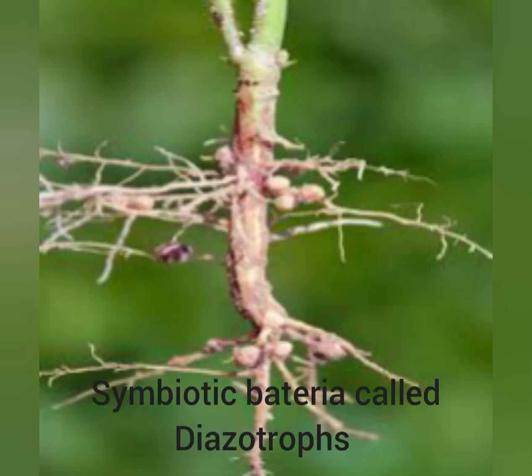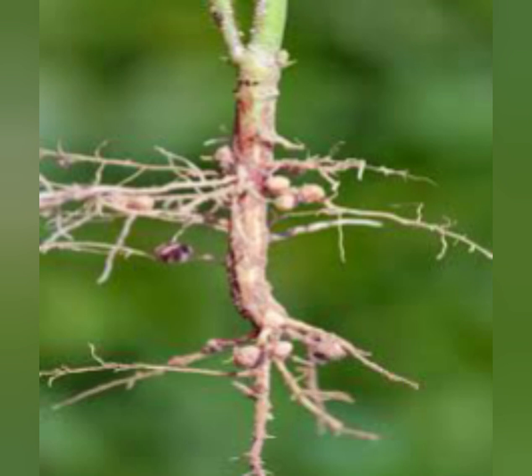Diazotrophs are bacteria which enable the nitrogen in the atmosphere to convert into a more usable form. These bacteria have enzymes, and through these enzymes they have the ability to combine the gaseous nitrogen from the atmosphere with hydrogen to form ammonia. So from N2, they create NH3, which is ammonia.